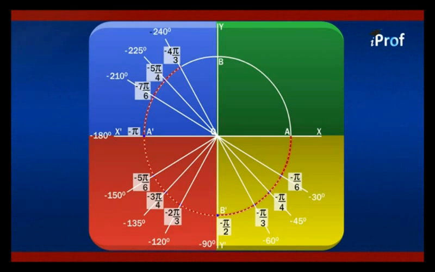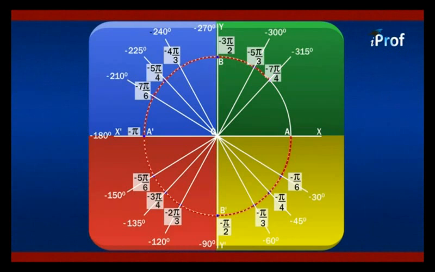That will be equal to minus 4 pi by 3. And at minus 270 degrees, it will be equal to minus 3 pi by 2. Similarly, we can find out the angles at minus 300 degrees, minus 315 degrees, and minus 330 degrees, and then we come over to minus 360 degrees. All these are negative angles which can be calculated accordingly.